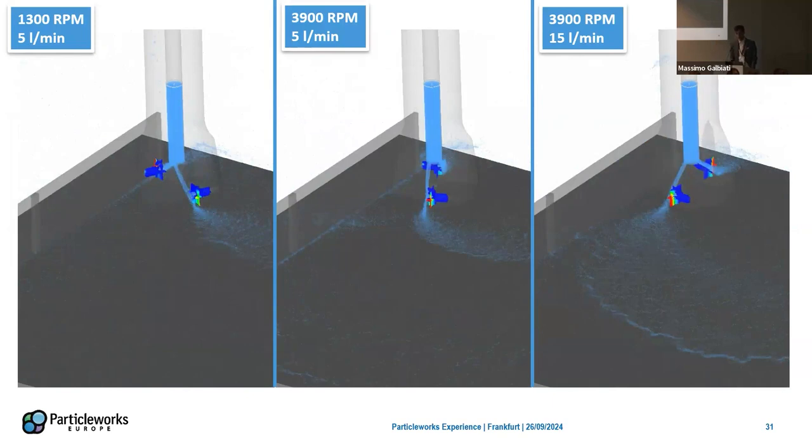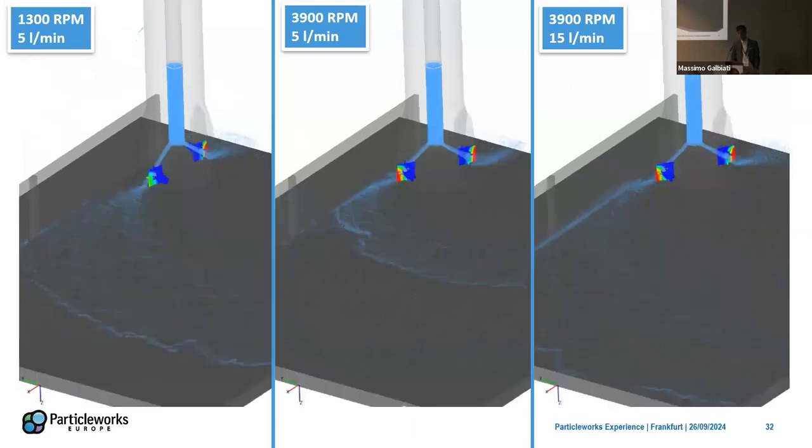And we can see how the flow rate at the entrance could also impact the flow. And here is just an image showing that with the triple flow rate, we have actually a lot more flow towards the metal piece that we work on.